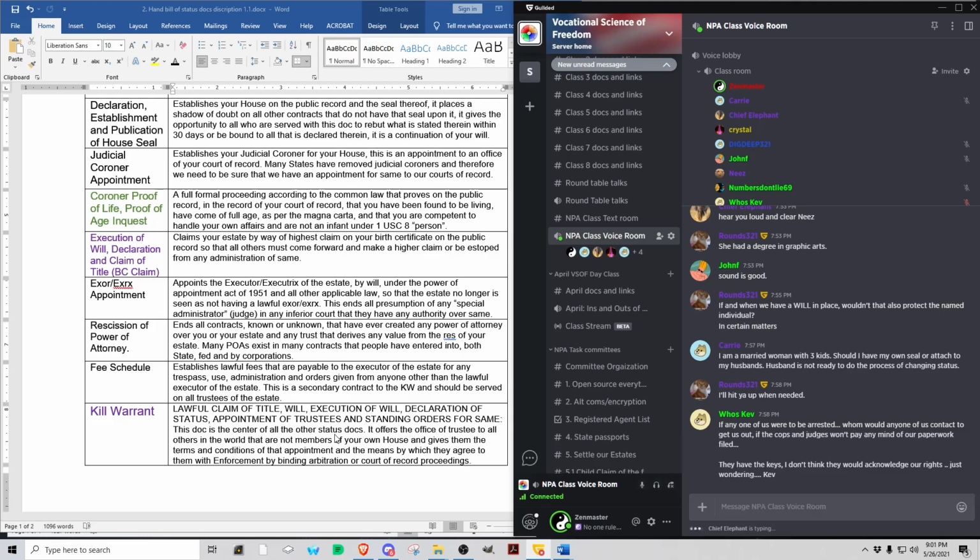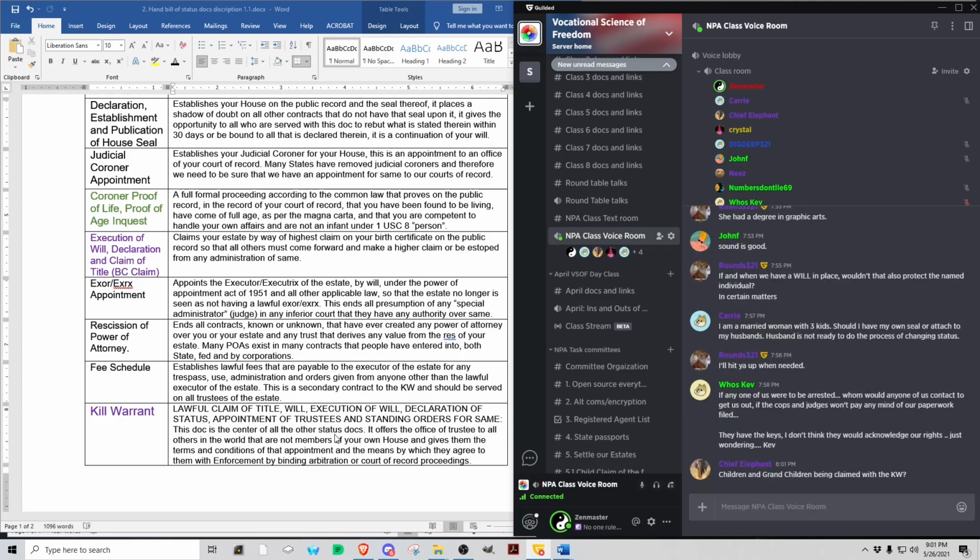What you do then is someone is finally claiming the children from the original abandonment at the Foundling Hospital. That's an attachment that goes along with the kill warrant if you have children. Okay, so that answers your question there.